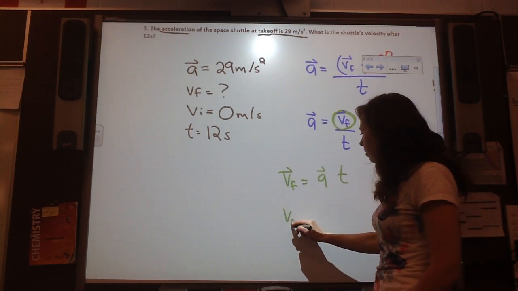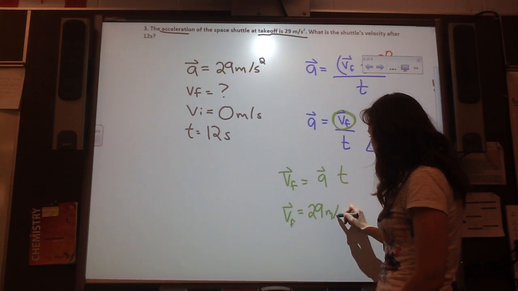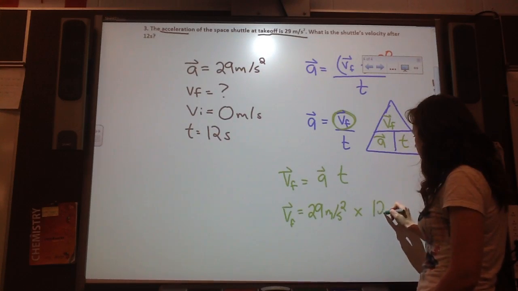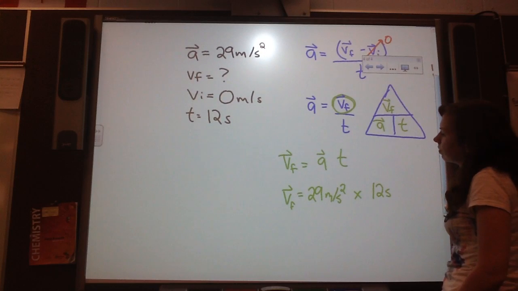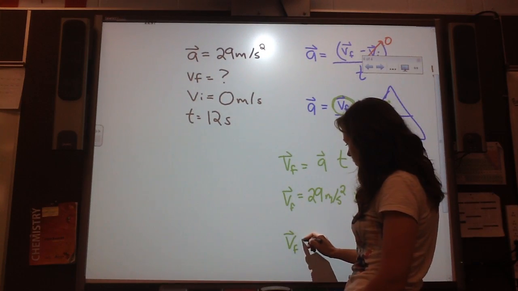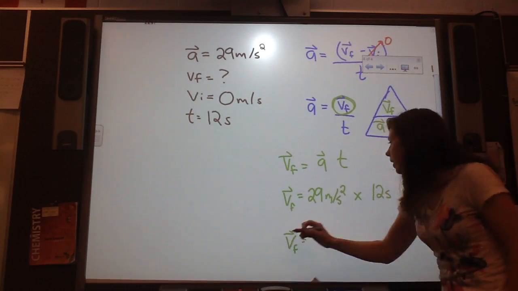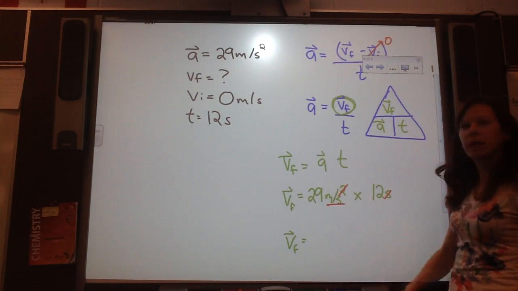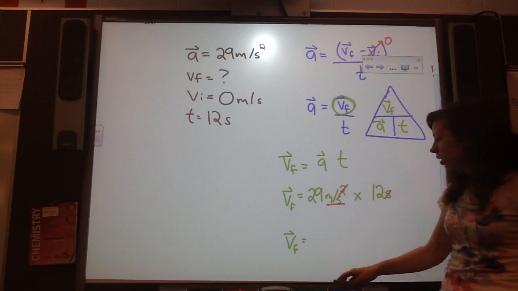So VF is equal to 29 meters per second squared multiplied by 12 seconds. Would the seconds cross each other off? They do, well, one of them does. Since it's squared, look at what I end up with, meters per second, which makes sense because it's a velocity, right?